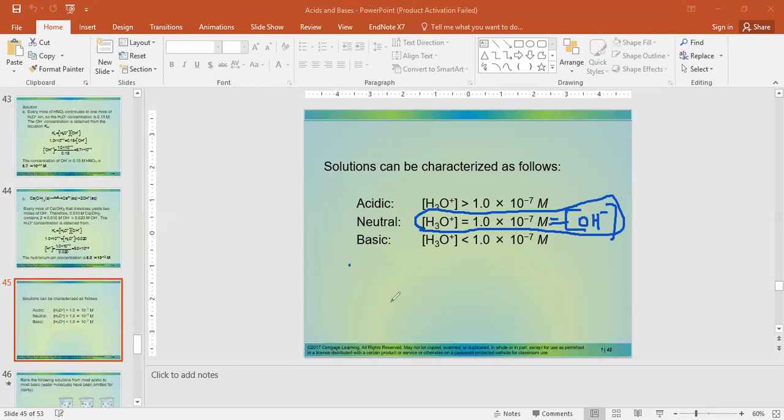For example, if I can come up with a small table here, this is the hydroxyl ion concentration, and this is the hydronium ion, H3O plus.